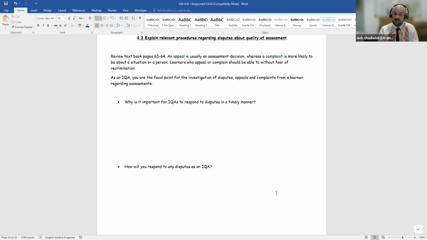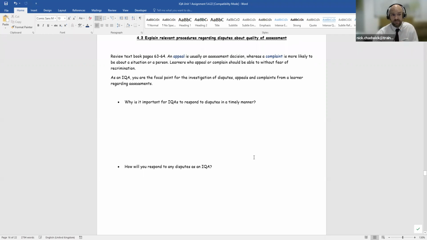Okay, this is important because the experience of what happened is fresh within the learner and also the assessor's minds. Okay, and it also makes you look very forward thinking as an IQA in order to investigate this as soon as possible to resolve the matter.